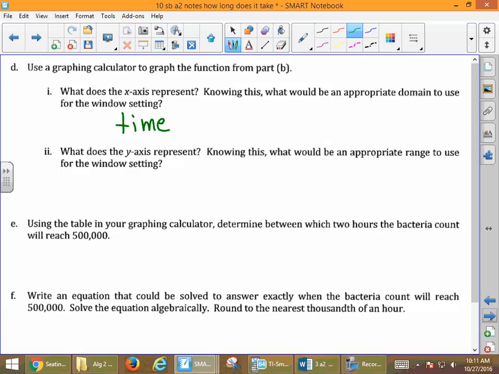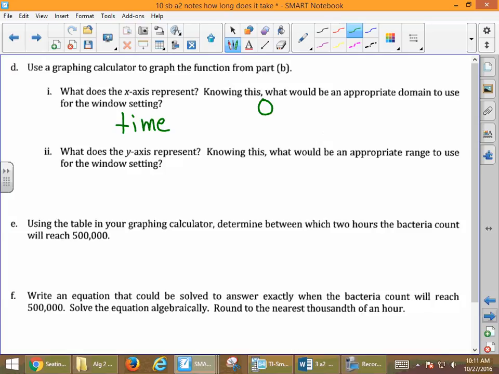So knowing this, what would be an appropriate domain for this? Well, since we can't have negative time, let's start with 0. We can have 0 seconds. And then, in fact, we're not looking at seconds here, but we're really looking at hours because it says time in terms of hours.